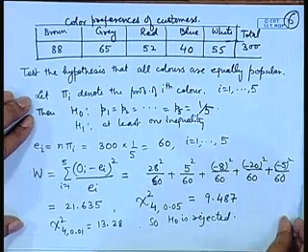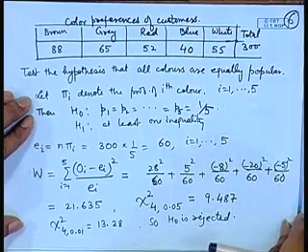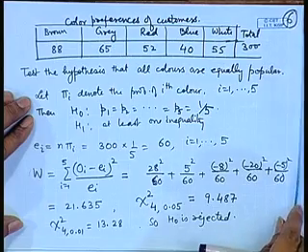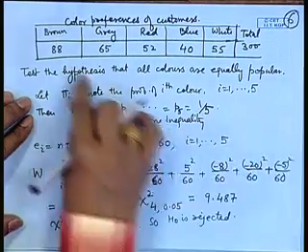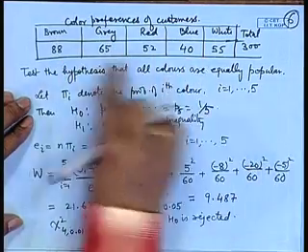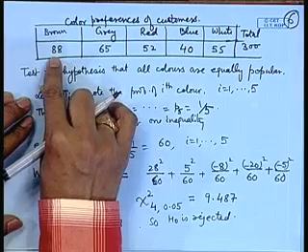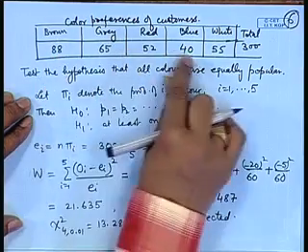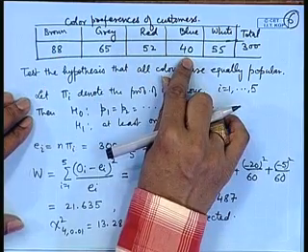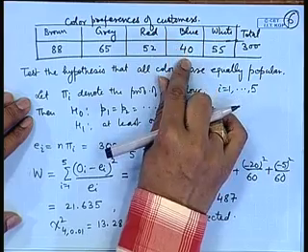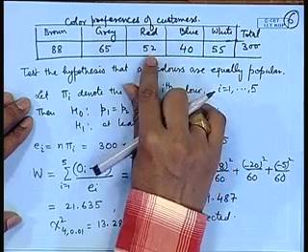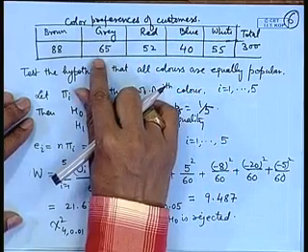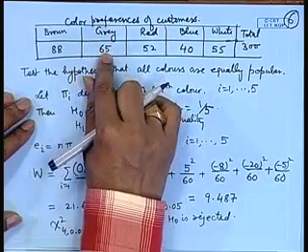That means, what is the conclusion? The conclusion is that customers have preferences for the colors. You can see the raw data here. The observed frequency for brown is 88, which is almost more than twice the choice of blue color. If we see the choice of gray, that is much higher.